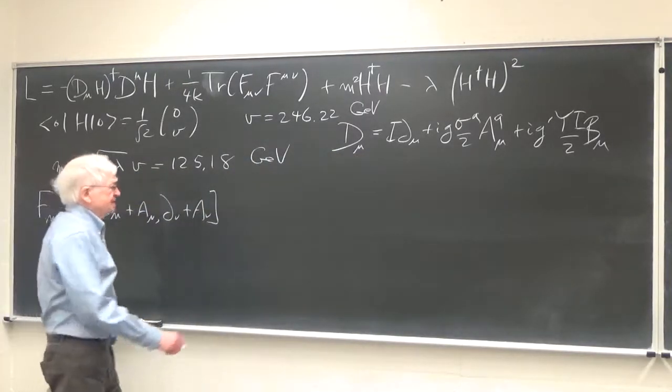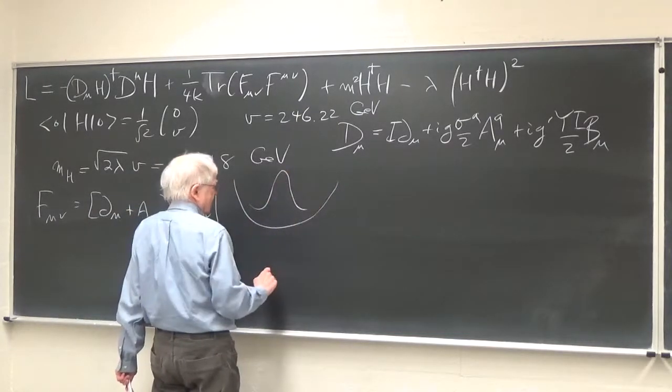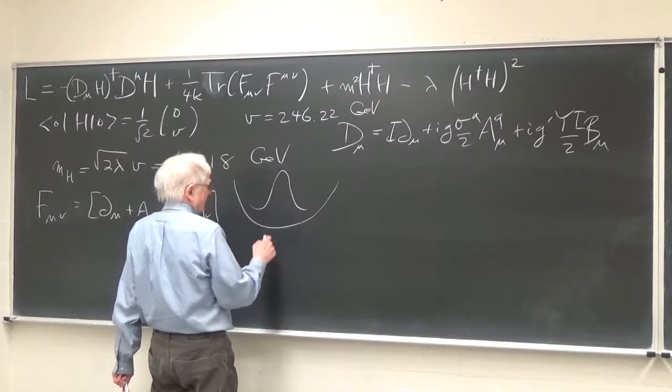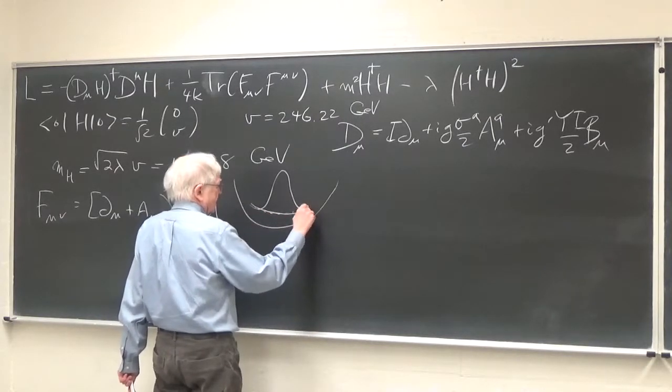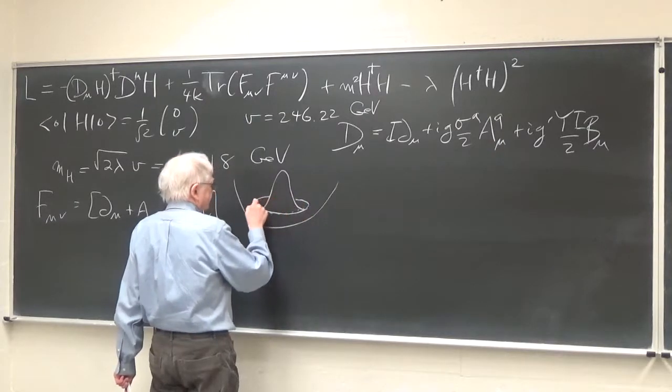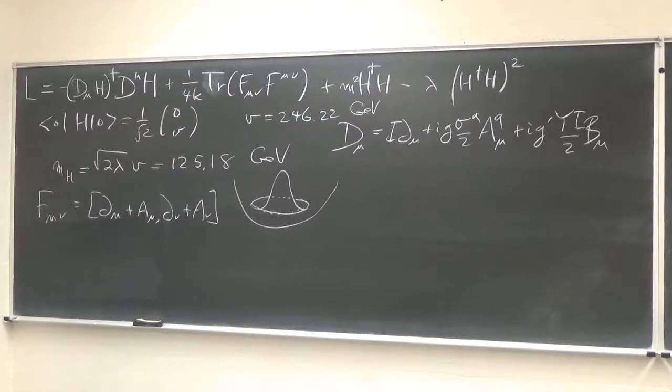This gives you the famous Mexican hat potential that sort of looks like this, and the minimum is anywhere here at the bottom of the saucer there.